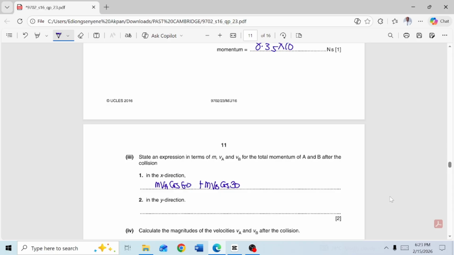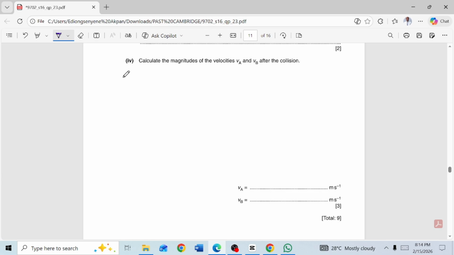That is for the horizontal direction. In the y direction, we have mVA sine 60 minus mVB sine 30.